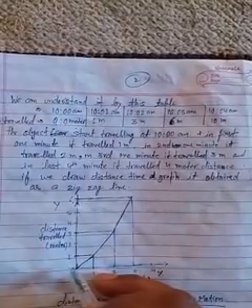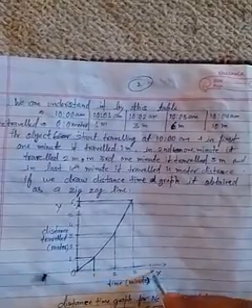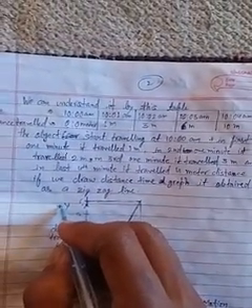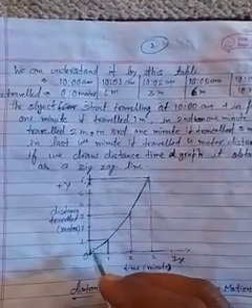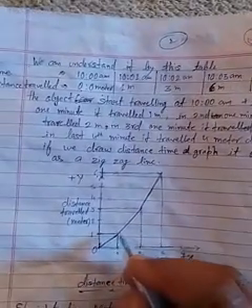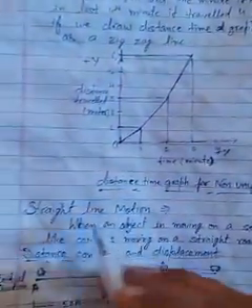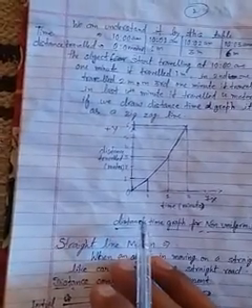So if we plot the distance time graph by taking time on the positive x-axis and distance traveled on the positive y-axis, we get a distance time graph that is not a straight line, it is a zigzag line. So this type of motion is known as non-uniform motion.